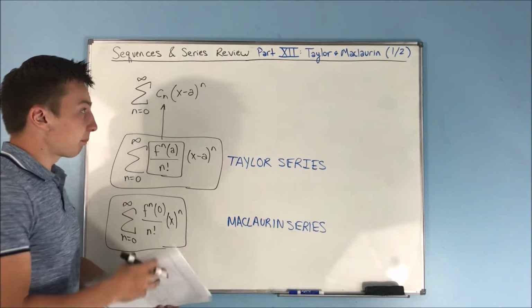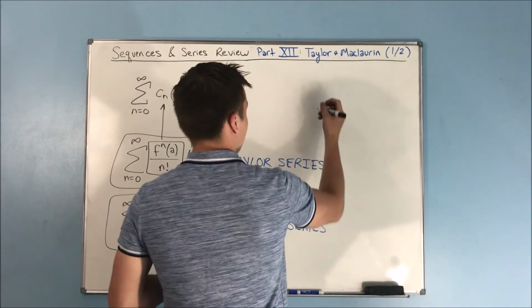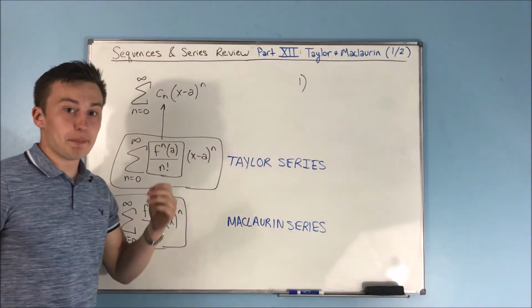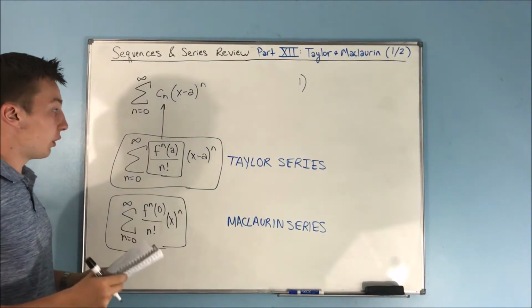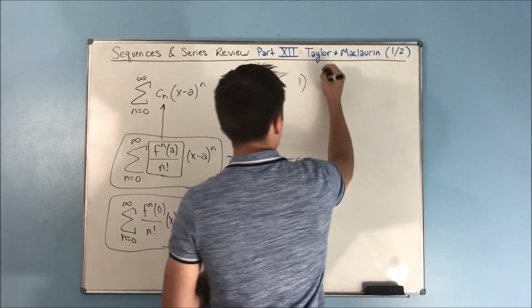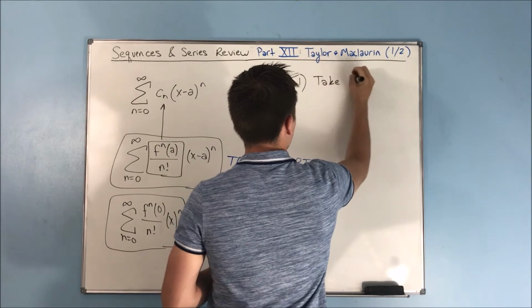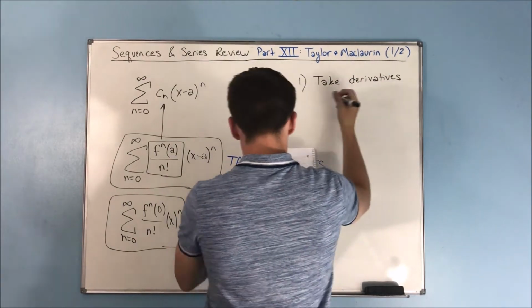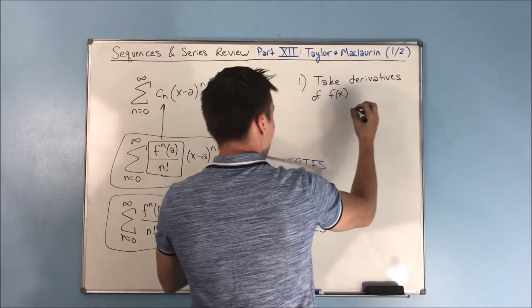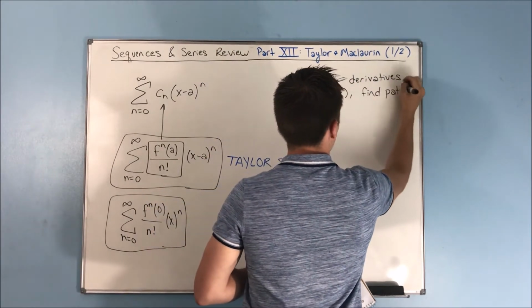So what was our 4-step process to finding a Taylor series? Well, the first thing we needed to do was, given that function of x, take derivatives of our function and find patterns.